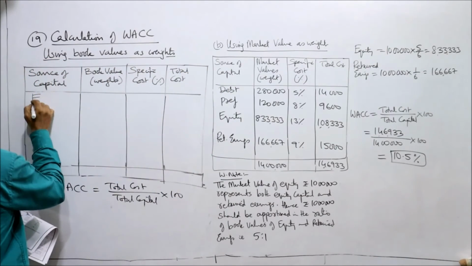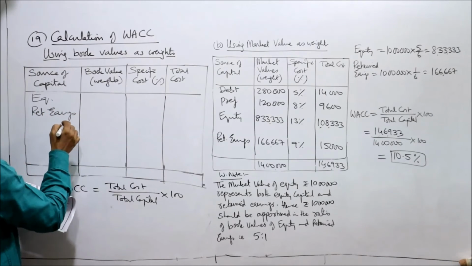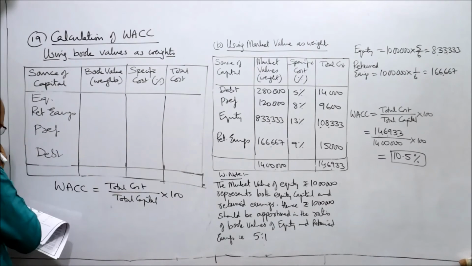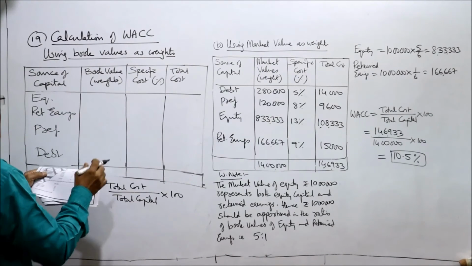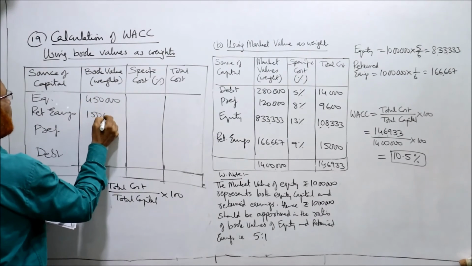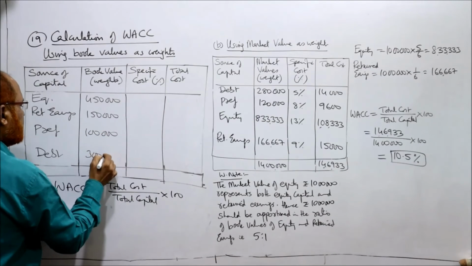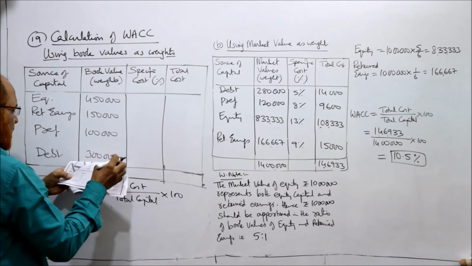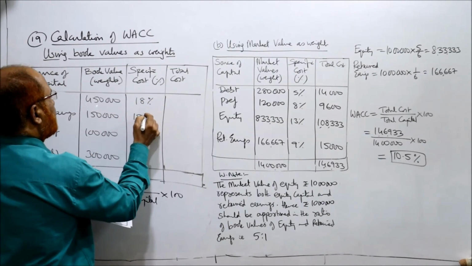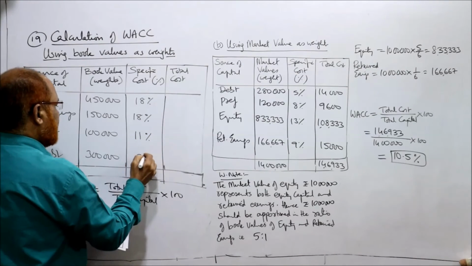Equity, retained earnings, then preference, last one debt. The amounts are 4,50,000, 1,50,000, 1 lakh and 3 lakh. The specific costs are equity 18%, then retained earnings 18%, preference 11% and debt 8%.